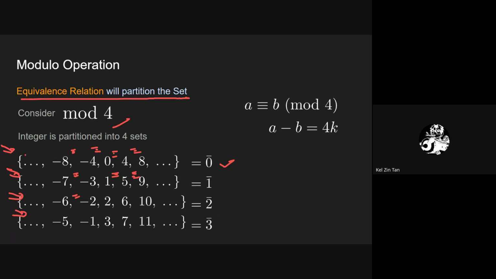I put this whole set and label it as one single element. I call this whole thing 0 bar, this whole thing 1 bar, and this whole thing 2 bar. When you ask what this element is, it is a set.